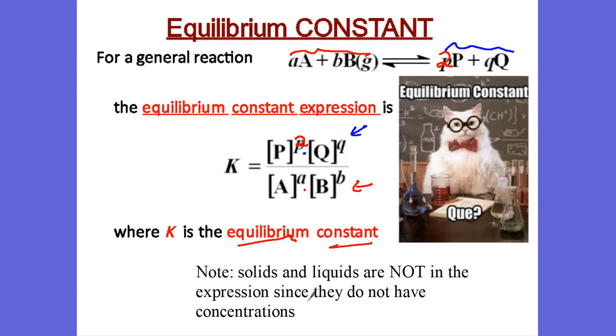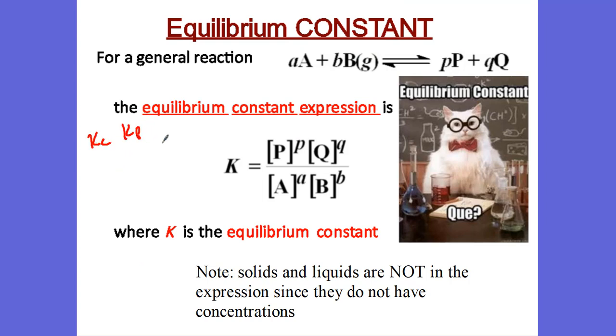Something to note, and this is the most important note: solids and liquids are not in your equilibrium expression since they don't have concentrations. So only aqueous solutions and gases will be in my equilibrium expressions. And that is called the equilibrium constant, and we call that K. Just keep in mind, it could be Kc, which means concentration.